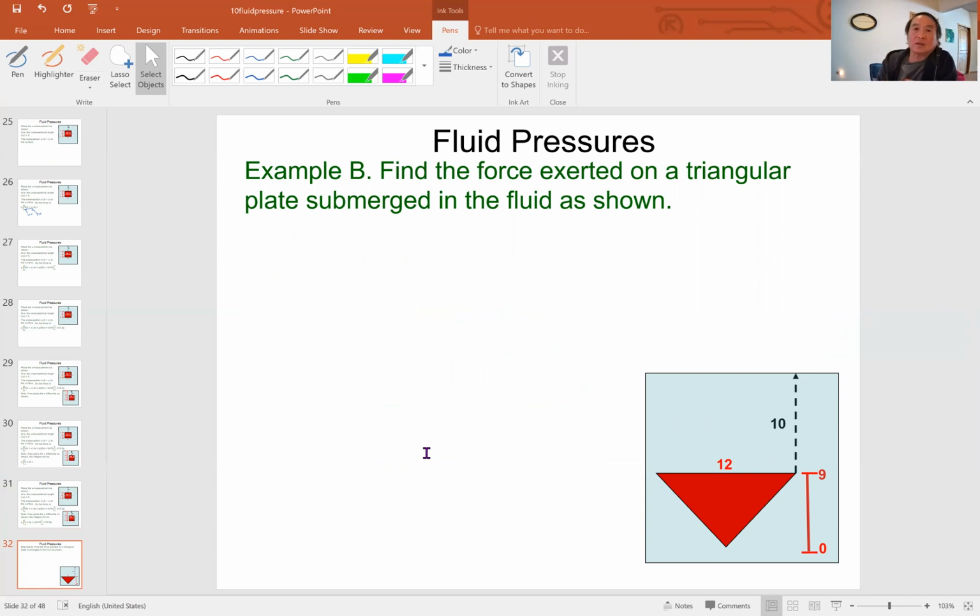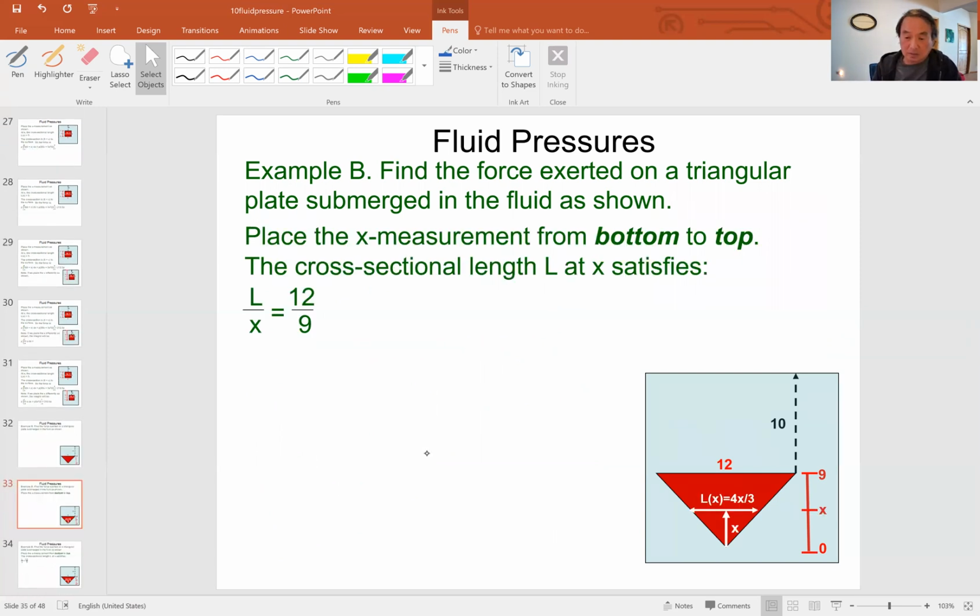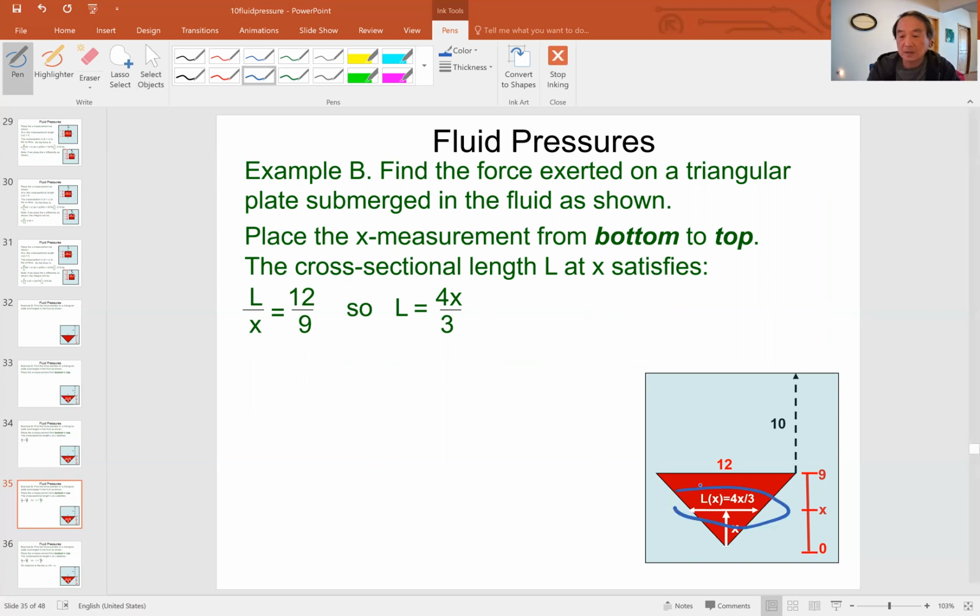Things where we can extract cross sections, like some regular triangular shapes. If a triangle is submerged, then the cross-sectional lengths are obtained by similar triangles. You have these ratio relationships, so you can solve for the cross-sectional length. Once you have it, then from the picture of the setup, you have the answers.